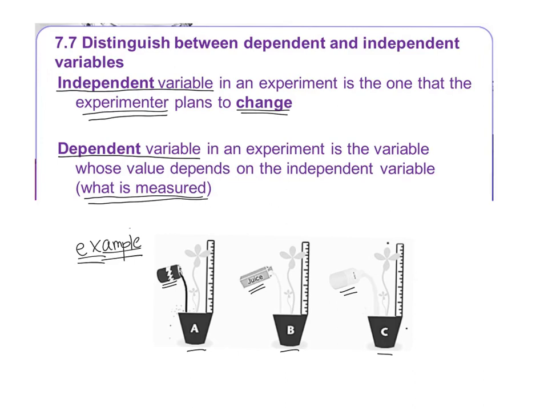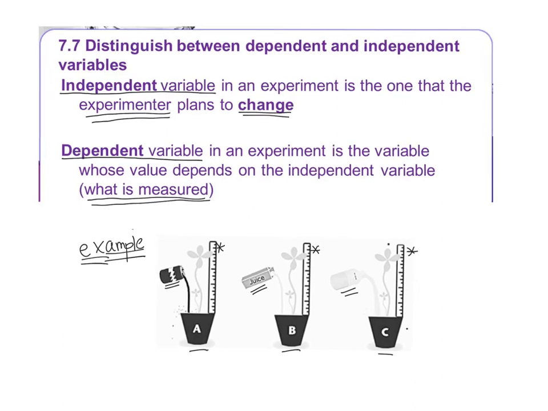So plant A, he gives Pepsi, and he sees how much the flower grows. Plant B, he gives juice, and he sees how much the flower grows. Plant C, he gives water, and he sees how much the plant grows.